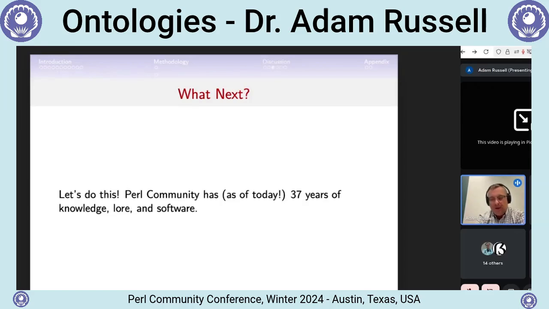So going back to the original idea of, we're the Perl community, and my earliest examples of how is Perl information represented on the web, right? Perl.org version 1.0, 2.0, and then maybe a little bit of a hint at what a 3.0 might look like.